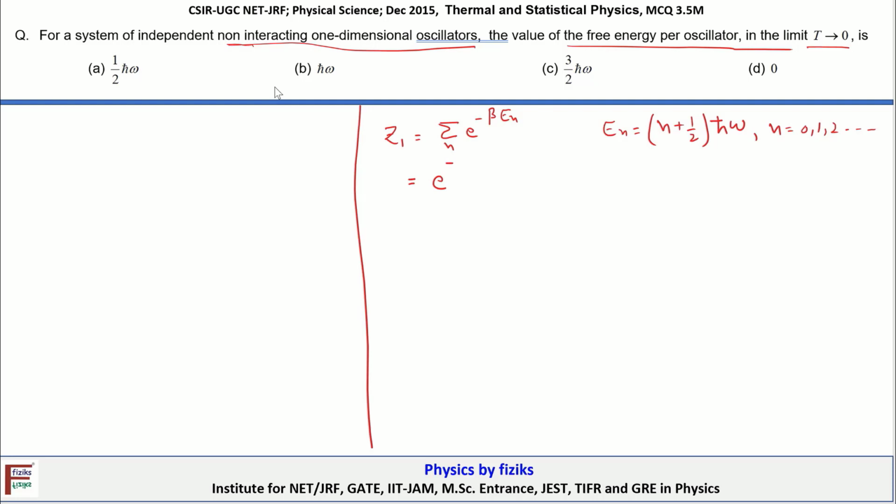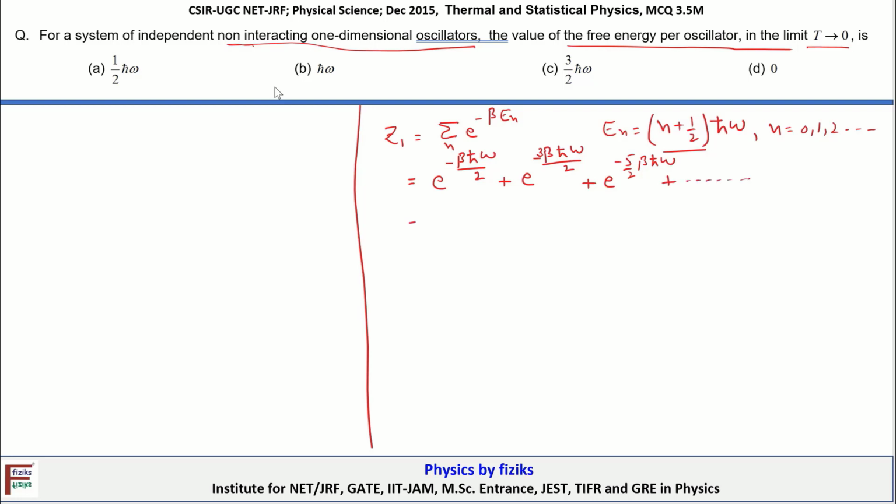So here we will have exponential minus beta h cut omega by 2, plus the second term when n is equal to 1, so 1 plus 1 by 2, that will give us 3 by 2, exponential minus 3 beta h cut omega divided by 2, and the next term will be exponential minus 5 by 2 beta h cut omega, plus so on.